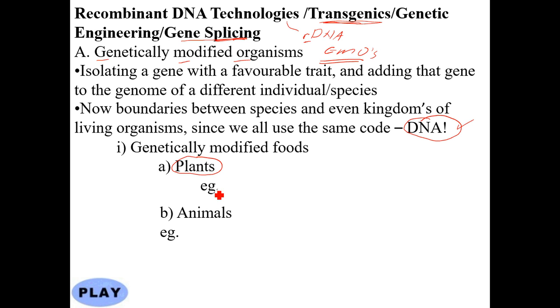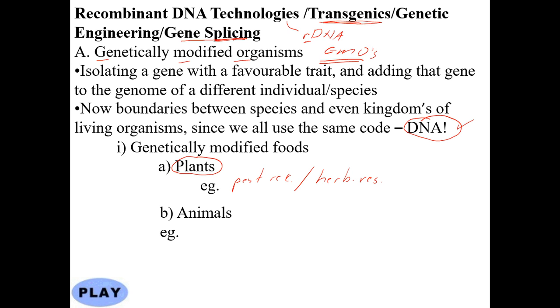Many plants have been genetically modified for certain things, like pest resistance, so they can withstand pests in the environment, and herbicide resistance, so a farmer could spray a herbicide on the crop and the crop would be able to resist it. Many crops have been genetically modified. Canola is a big one, and corn is another. Pretty much all of the canola and corn grown in North America has been genetically modified.